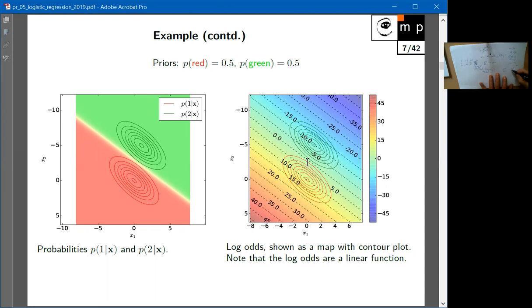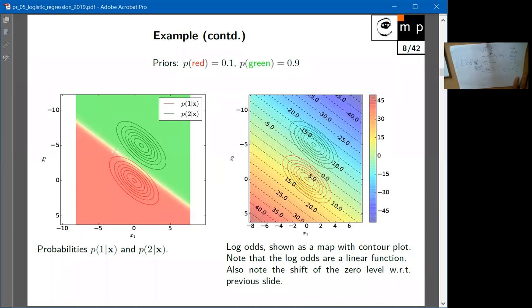So the logarithm, we are talking about natural logarithms, will be something like 2.5 or something like that. So logarithms which are like 10, this means that the ratio between the probabilities is something like e to 10, already huge numbers. And that's visible here, that there's a very short transition period.